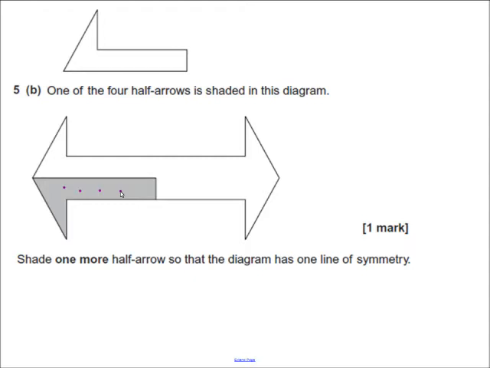So to create 1 line of symmetry, if we use our vertical line of symmetry that we drew on 5a, then we would have to colour in this part of the half arrow so it matches the grey area on the left hand side. So that's one of the possible answers.